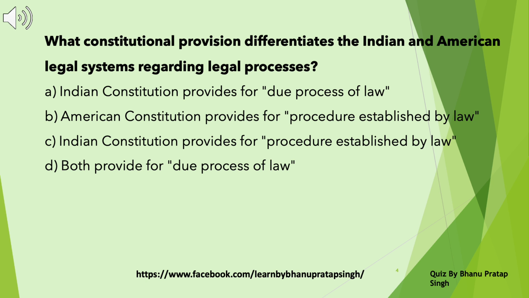C. Indian Constitution provides for procedure established by law. D. Both provide for due process of law. Choose the correct answer. Answer C. Indian Constitution provides for procedure established by law.